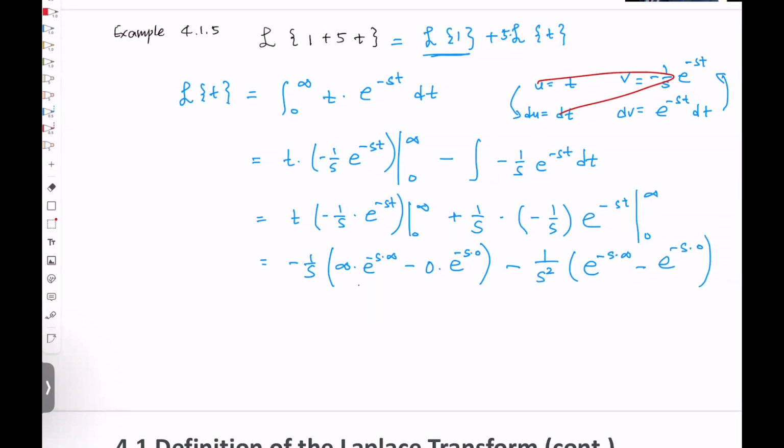The first term, infinity times e to the negative s times infinity, is going to be 0. So this whole thing is 0. The second term is 0, so this whole term is going to be 0. And then we know this is again 0 and this is 1. Therefore, it is 1 over s squared. So now we know the Laplace transform of t equals 1 over s squared.